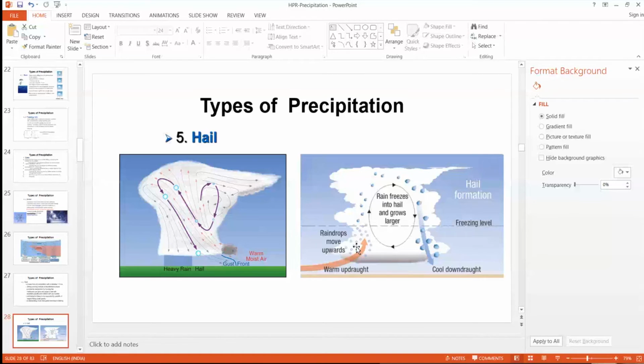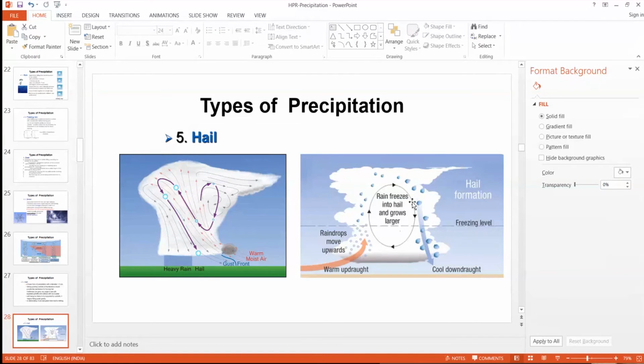When it is blowing upwards, this warm wind carries these tiny droplets back to the higher altitudes, and these tiny droplets will be under eddy movement for sufficient time. When they are under the circulation, they hit other tiny droplets and grow bigger.